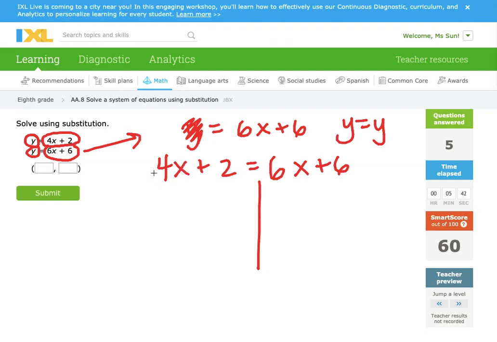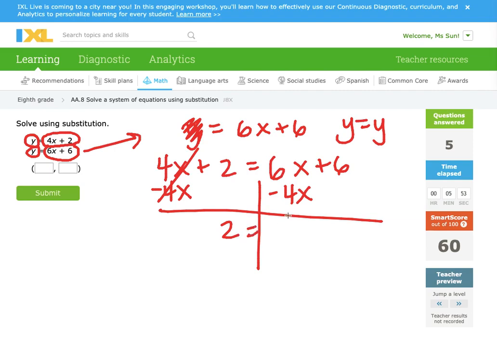I'm going to move my smallest variable over. So 4x needs to subtract 4x to get rid of it. So you end up with 2 equals 6x minus 4x is 2x. Keep that plus 6 on the other side. Now my x's are on the right-hand side.